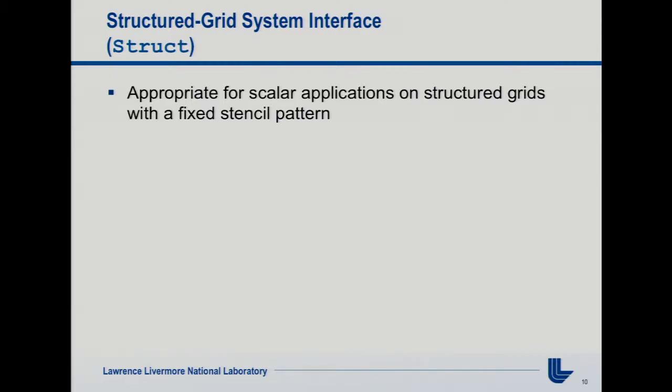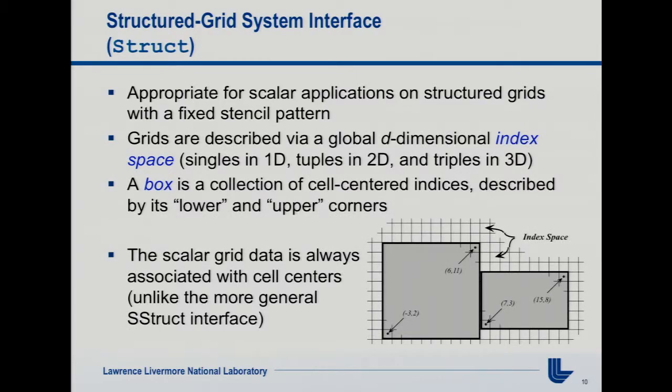Okay, so starting with struct, the structured one. So this is appropriate for structured grids with a fixed stencil pattern. I'll tell you what a stencil is in a little bit. So we have to set up a grid in this interface. And so there's this underlying index space that's important. So these are just in 2D, if you think about what's drawn here, it's just tuples, so an i and a j.